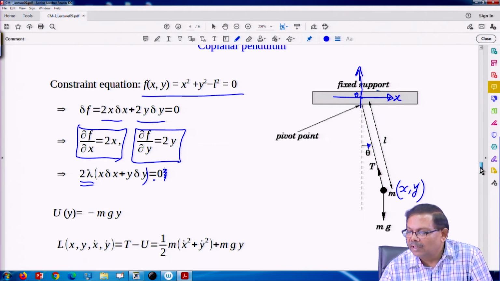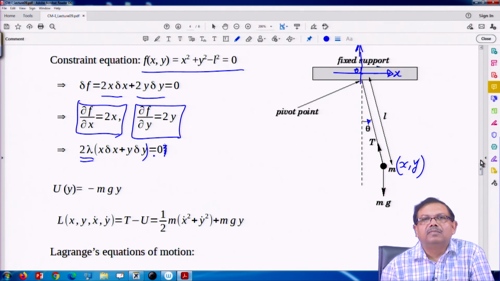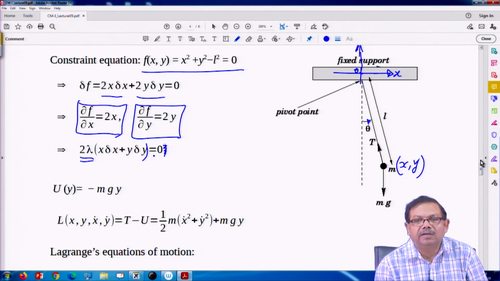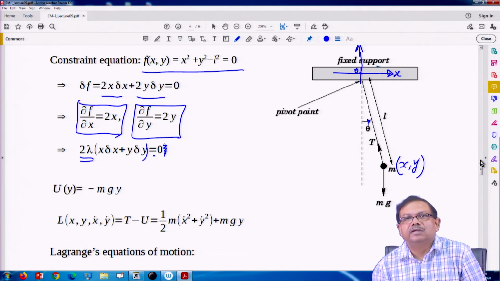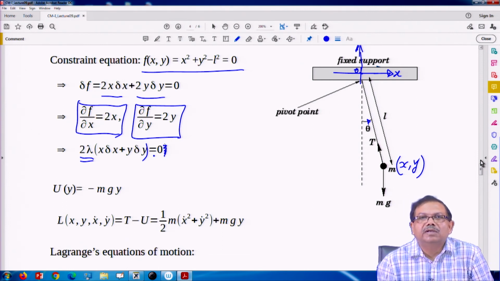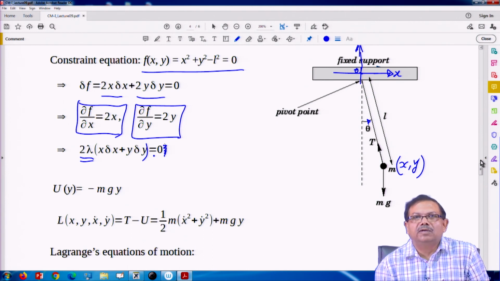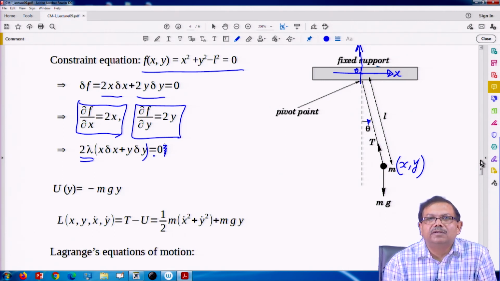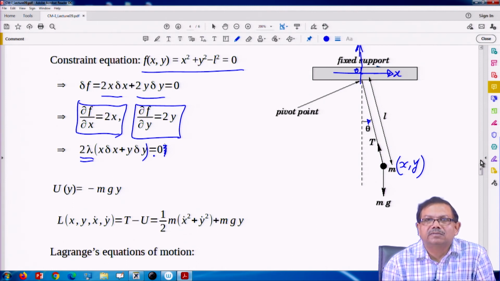Now there are two coordinates, but the motion is of a single particle. In the Atwood machine, there were two coordinates x 1 and x 2, but it was the motion of two different particles. Okay. So, this also has two Cartesian coordinates, and the Atwood machine also had two Cartesian coordinates.